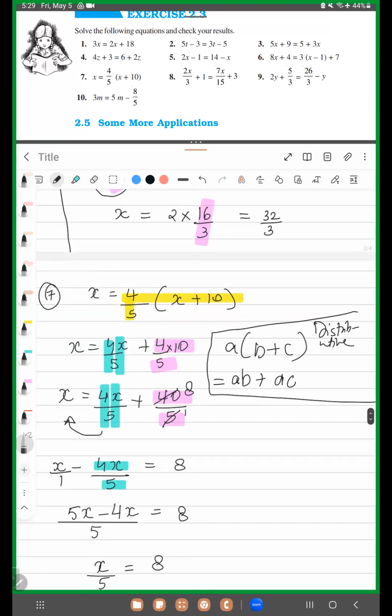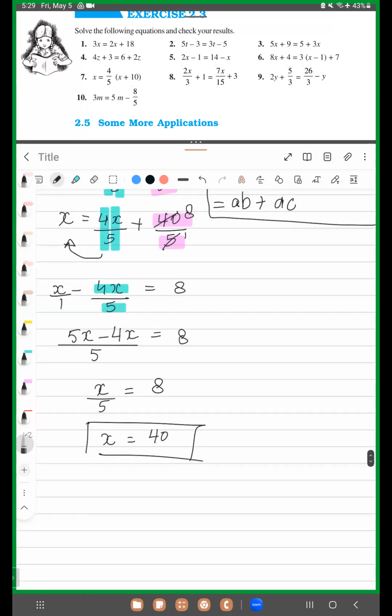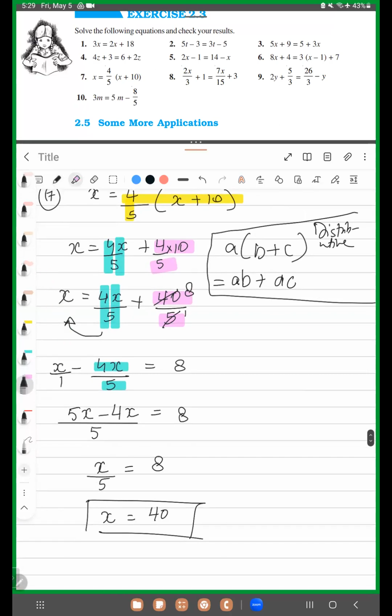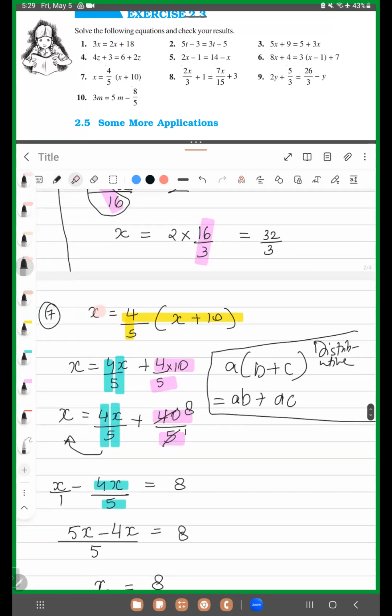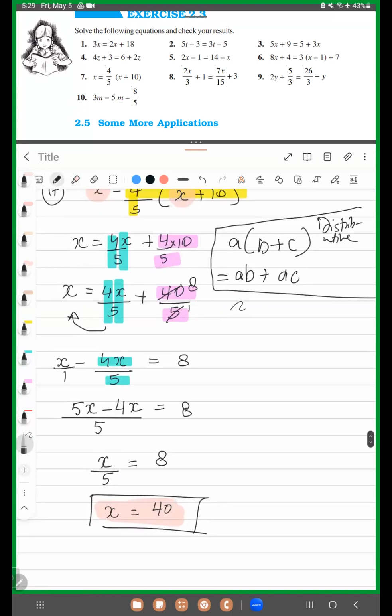ठीक है? So to check it, how will we check it? So your x is 40. So this means that you put this value in place of x in the original equation. Why do we have to do that? That is what you call checking, right? Checking मतलब ये कि हमने जो solution निकाला है, is that even correct or not?